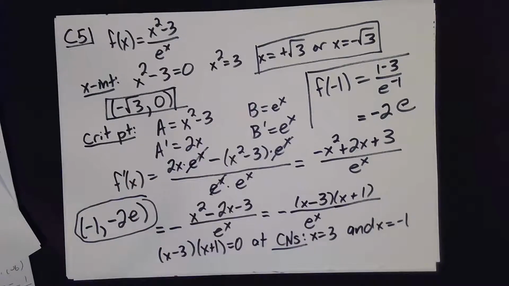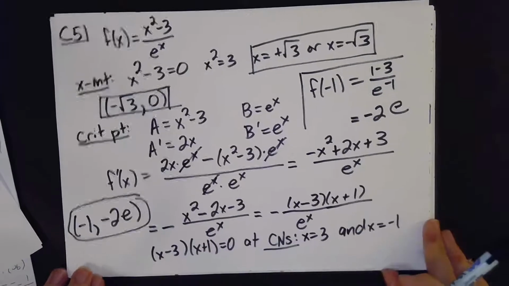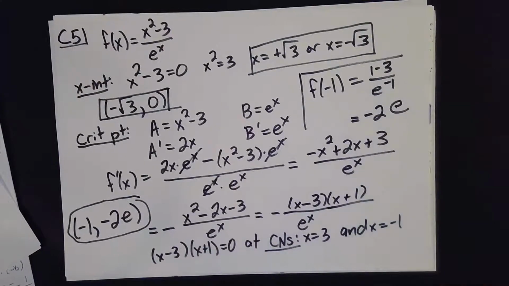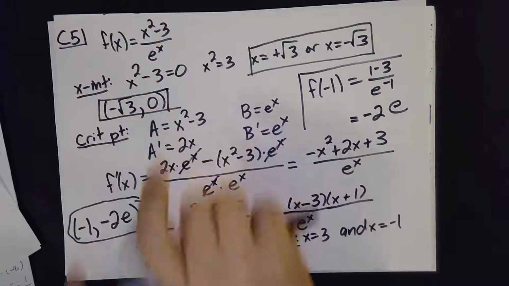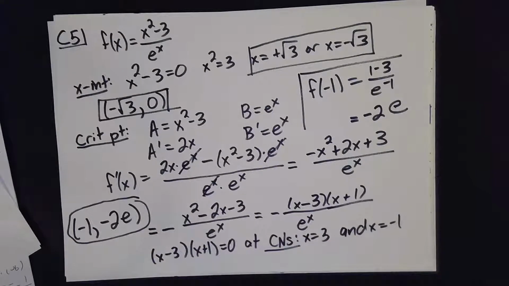Do be sure on the final and such, you're simplifying your answers to something that looks like this. You shouldn't be leaving an e to the minus 1 in the denominator like that. Okay, so those are the 2 points that we're looking for here in question 5.